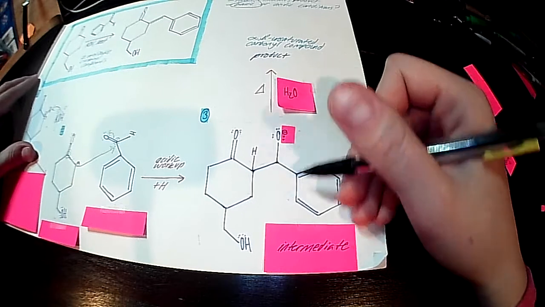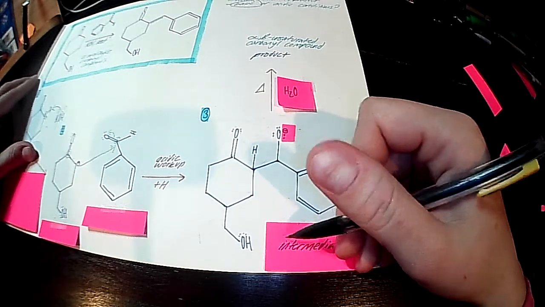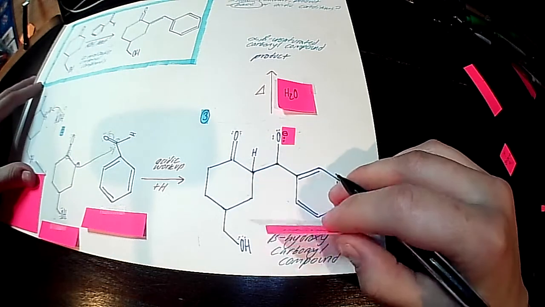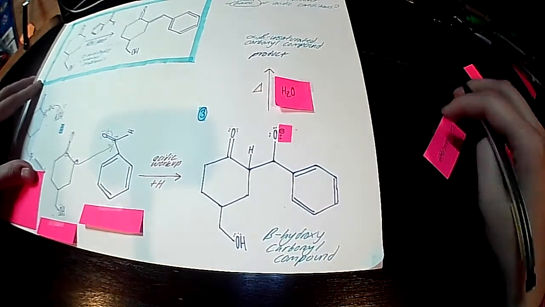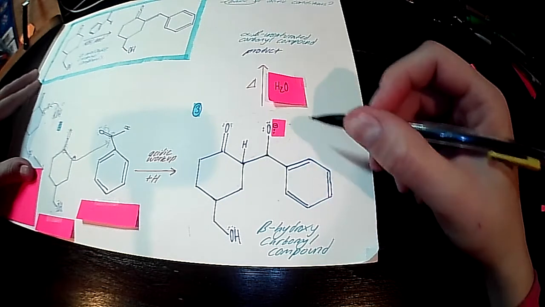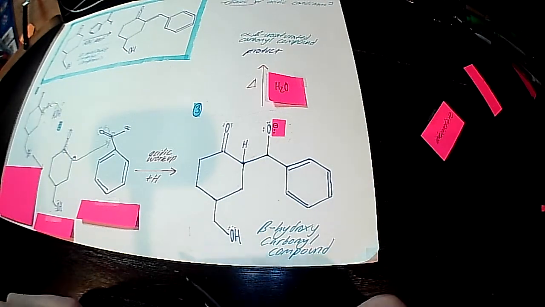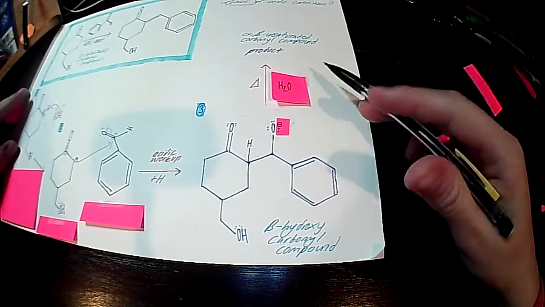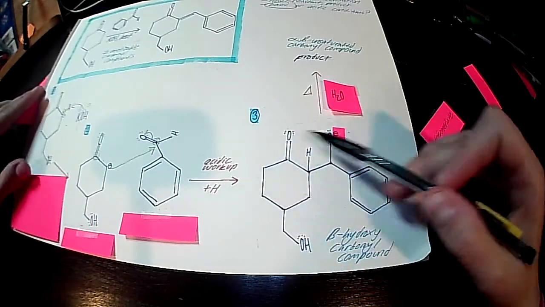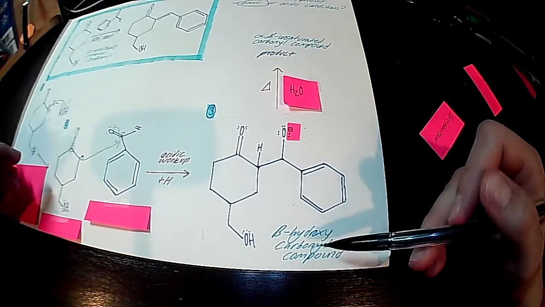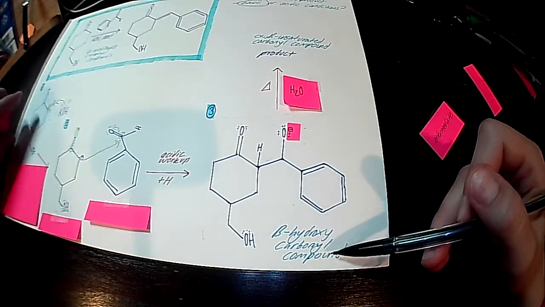What our next step is, we want to take this intermediate and transition it to the beta hydroxycarbonyl compound. In order for us to do that, we're going to need to carry out an acidic workup. And I know it's kind of confusing because I put that here, but we're doing our 1 and 2 steps right here with our intermediate to the beta hydroxycarbonyl compound.